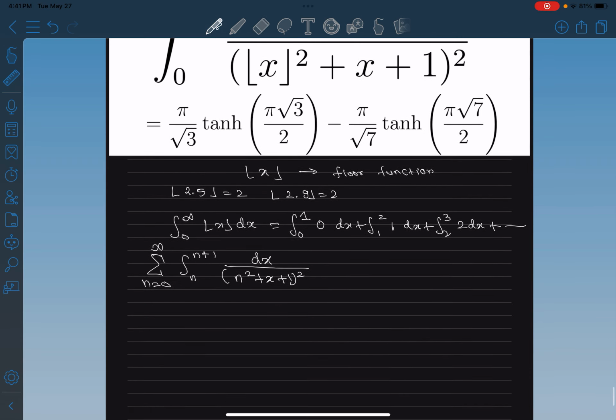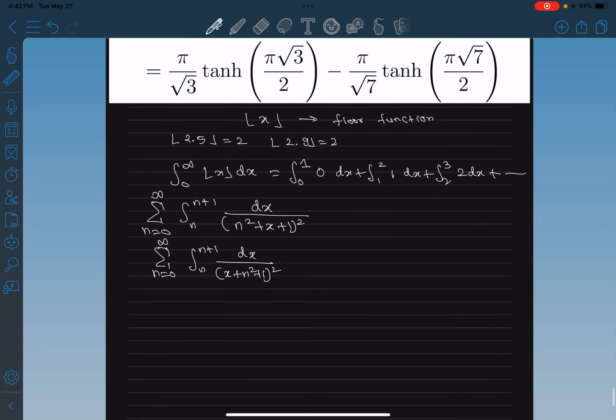Now after this, let me just integrate it. Sum from n equals 0 to infinity, and now this is from n to n plus 1 of dx over (x plus n squared plus 1) whole squared, right? So this is just like 1 over x squared, so its integral will just be (x plus n squared plus 1) to the power minus 1 over minus 1, from n to n plus 1, right?